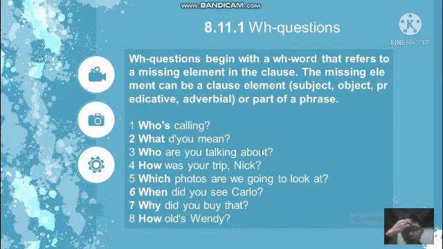If you notice from number one, the declarative order is subject then verb.